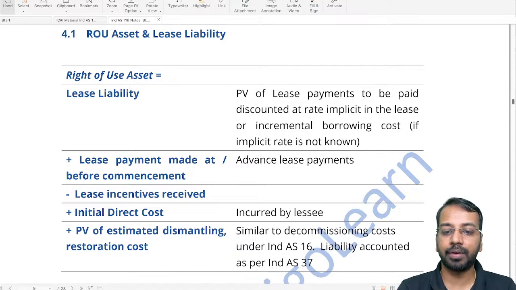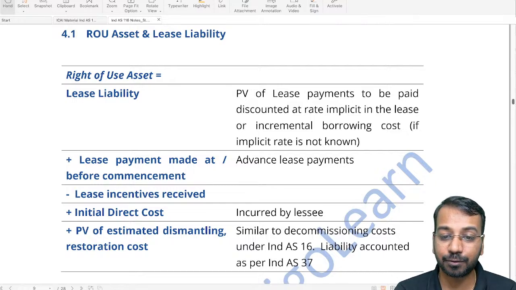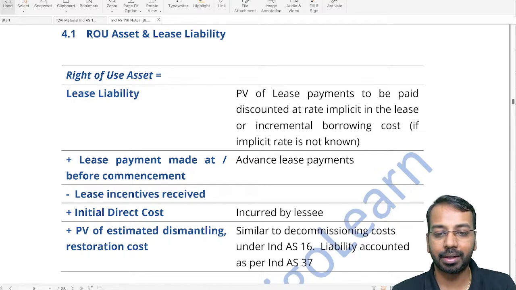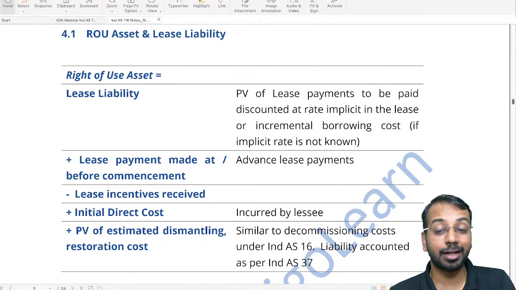Shouldn't there be a cap on the variable lease payment so that it does not violate the substantial economic benefits to be received by the lessee clause for the contract to qualify as a lease? The fact that the lessee has to pay a variable payment does not stop the lessee from getting substantially all of the economic benefits.